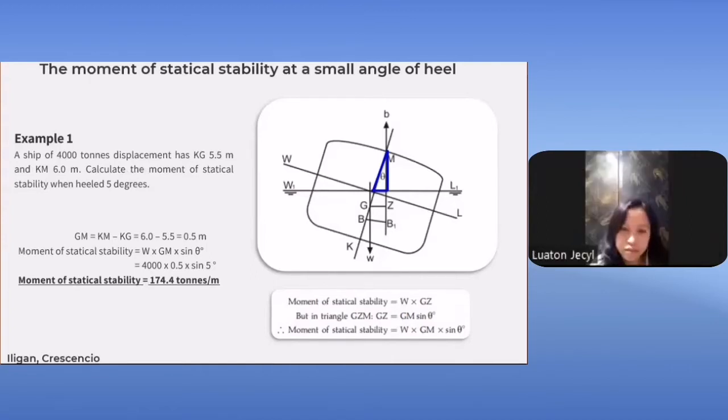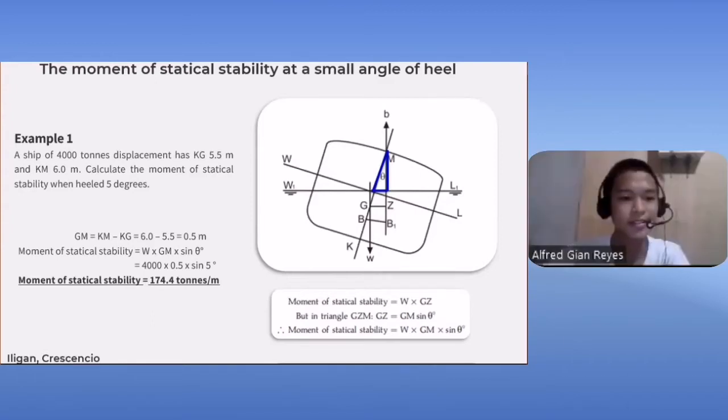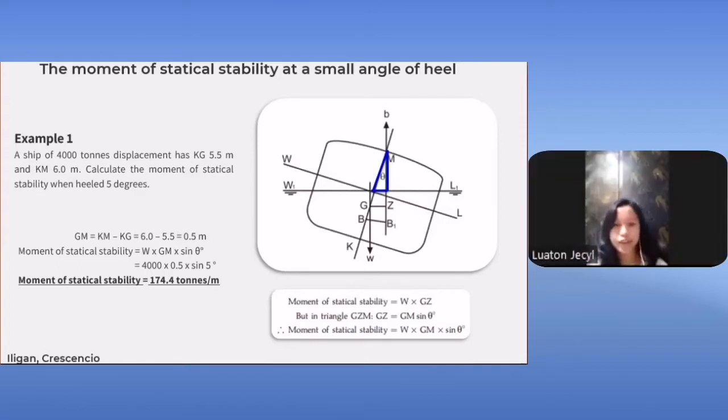Now we can find the moment of statical stability. The formula is displacement, or W, times GM times sine theta. So 4,000 tons times 0.5 times sine 5 degrees gives a moment of statical stability equal to 174.4 tons-meter.